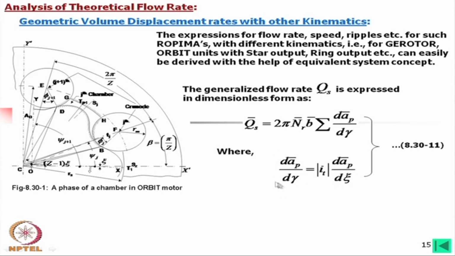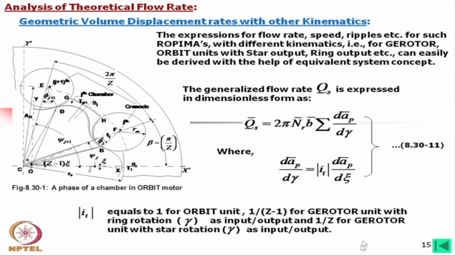So, we can easily calculate this, or simply this will be replaced by 1 in case of the orbit motor. Here I have written it is 1 for the orbit unit. So, without following the table, you can still calculate this if you follow this one.